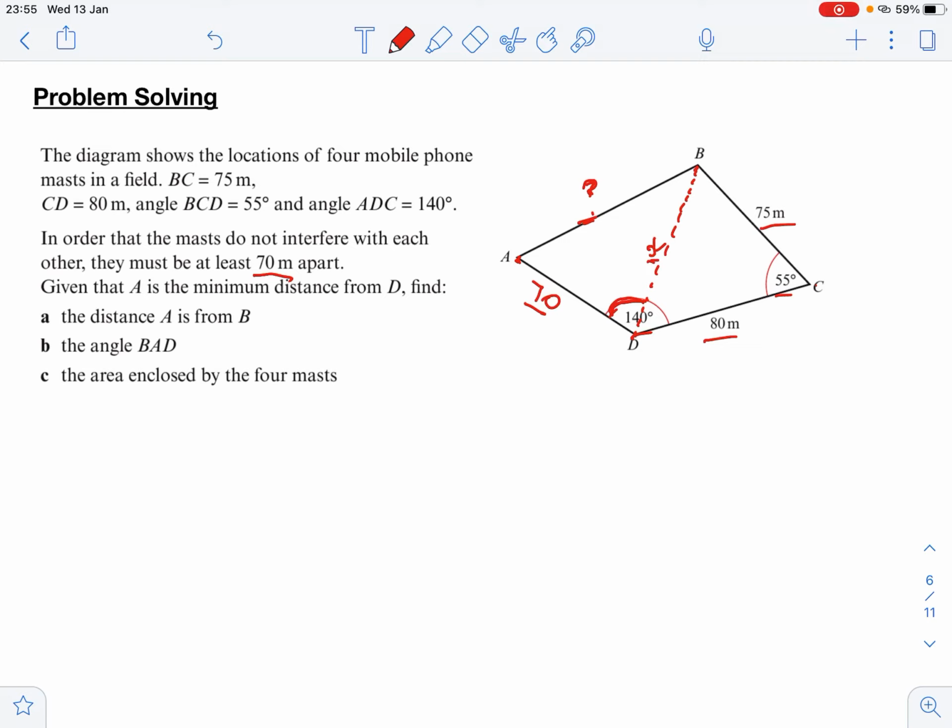Firstly, we can find out our x by using our cosine rule, because we have 2 sides and an angle in between.